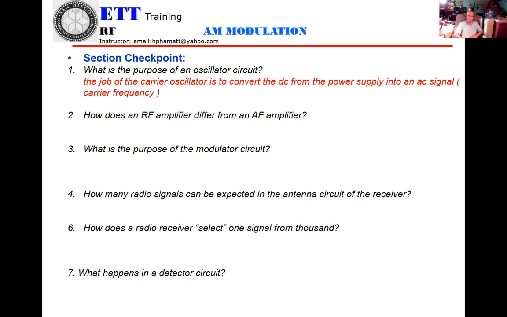Number 2. How does an RF amplifier differ from an AF amplifier? First thing you have to understand: RF amplifier means radio frequency amplifier. AF amplifier means audio frequency amplifier.